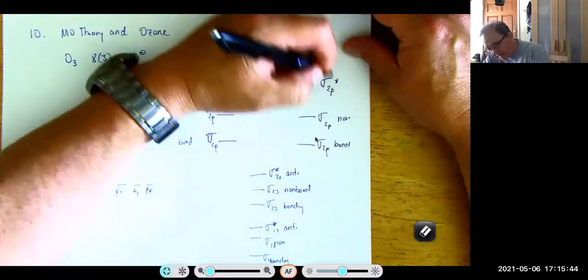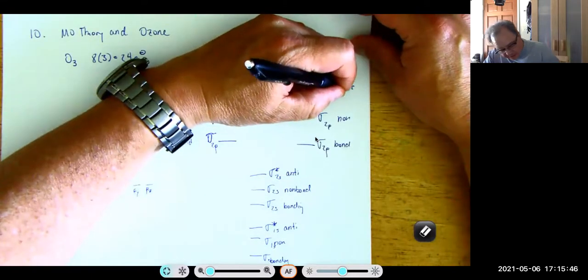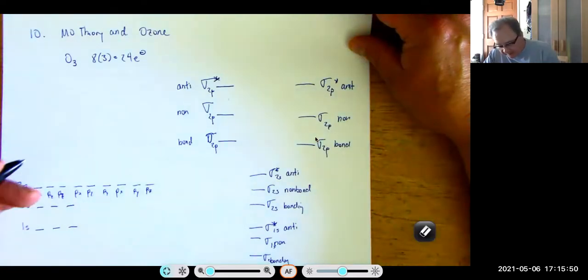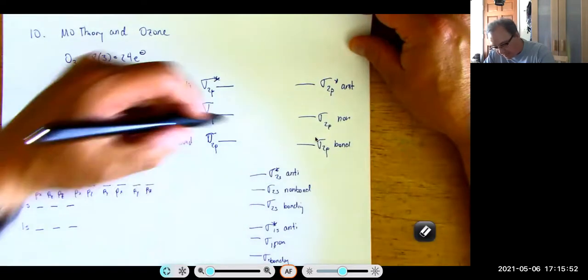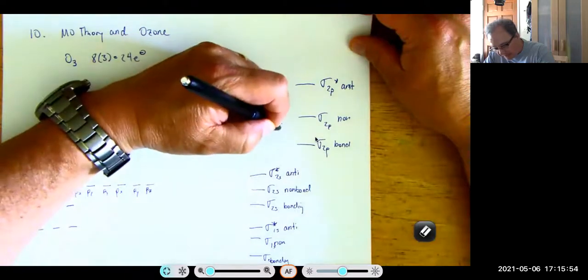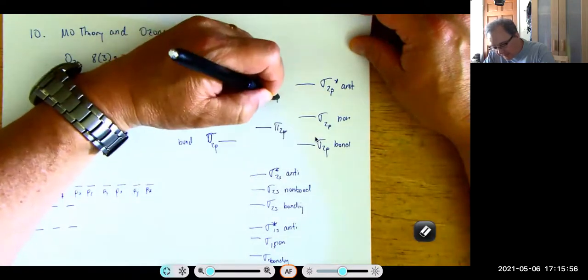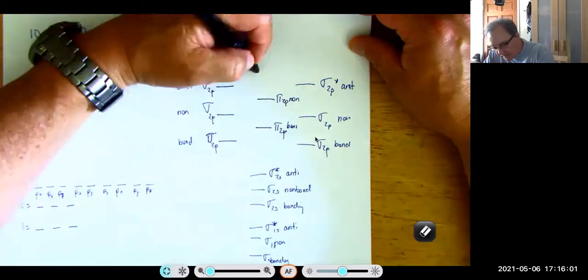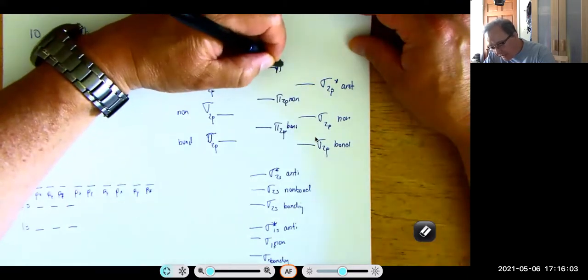Now, 3 of these are going to combine to make pi orbitals. Now, the pi orbitals are not going to be as stable as these, so I imagine that they're going to look like this. This is a pi 2p, this is a non, and this is a bonding, and you've got a pi 2p star.